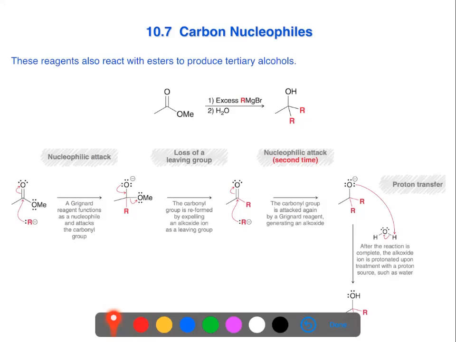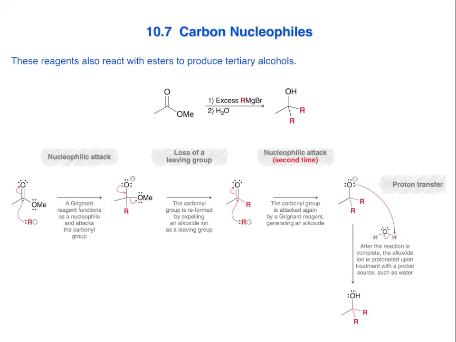Now the resulting product is your ketone, and then that ketone will re-react with additional or excess Grignard or organolithium to give you, again, a tertiary alkoxide, and then that alkoxide is protonated with your polar protic solvent, water, and that's going to give you your final alcohol.